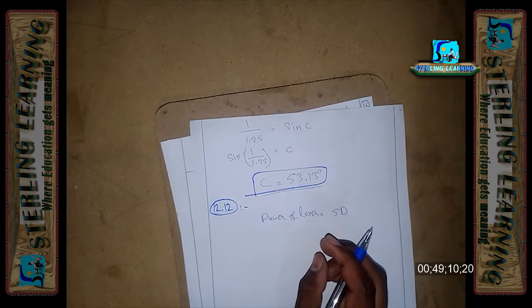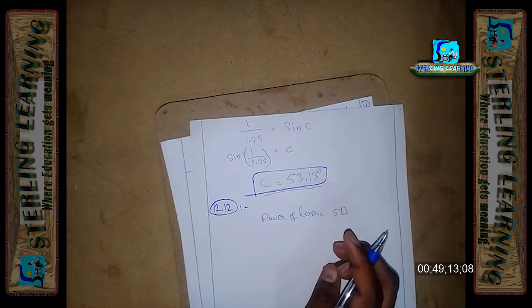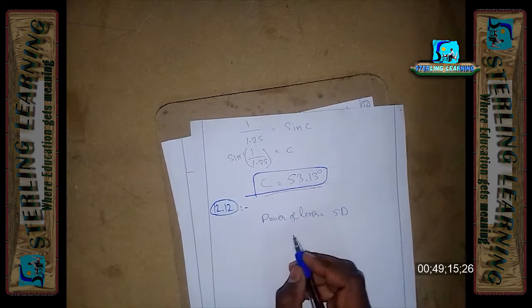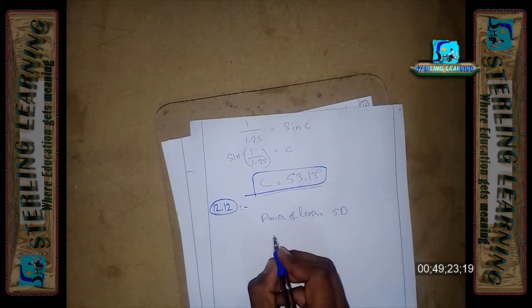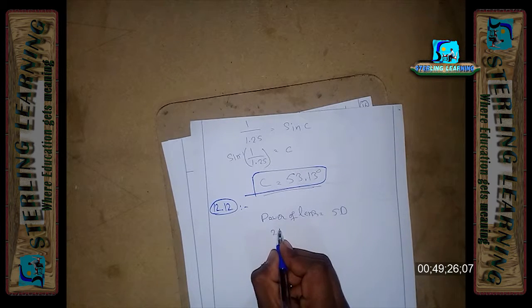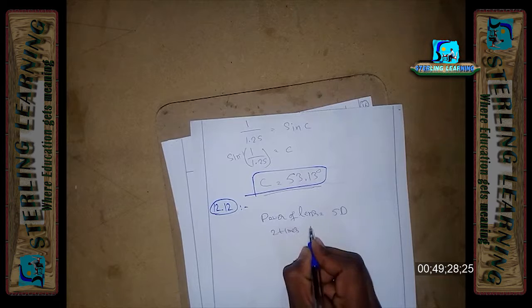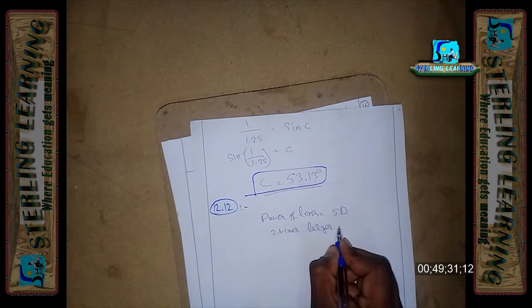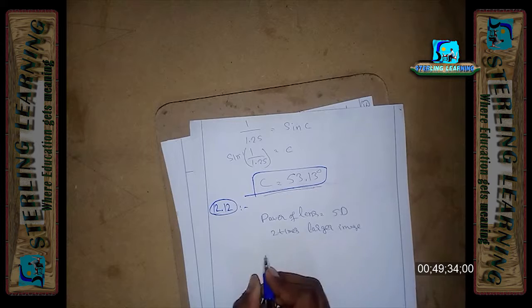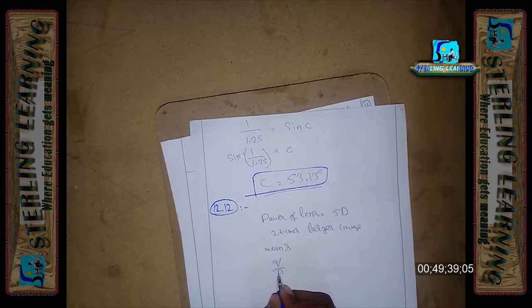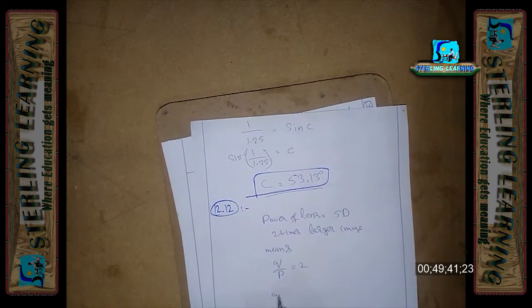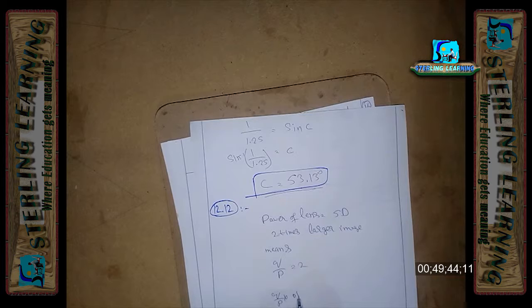At what distance should the object be placed from the lens so that the image is real and 2 times larger than the object? Two times larger image means Q over P would be equal to 2, because Q over P into object size is equal to image size.